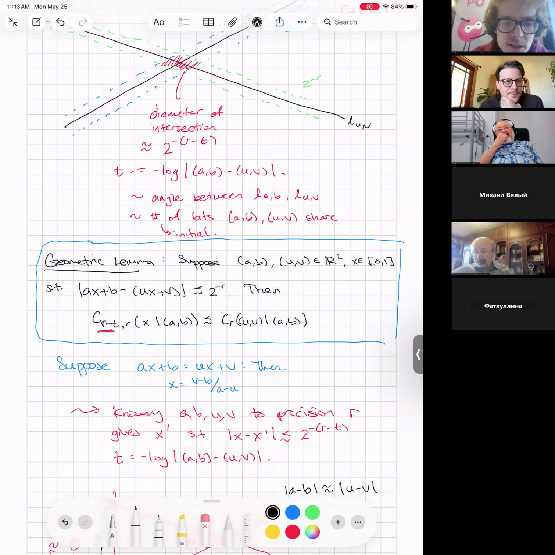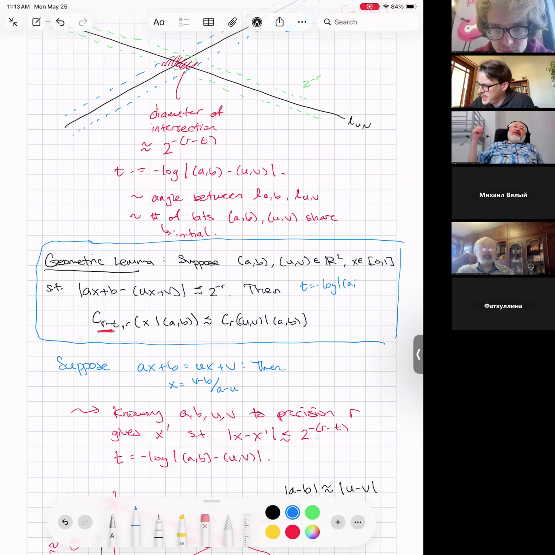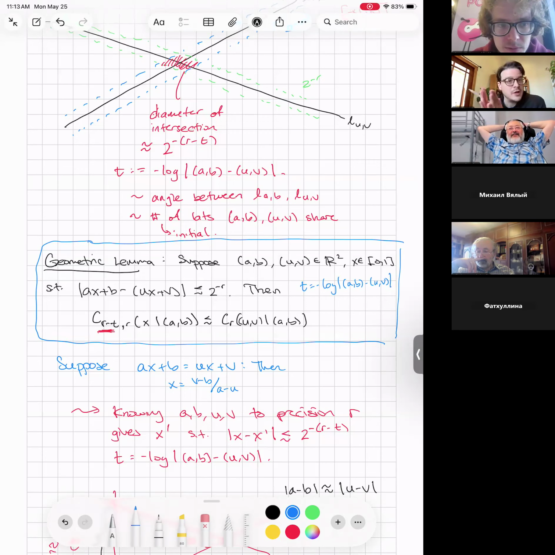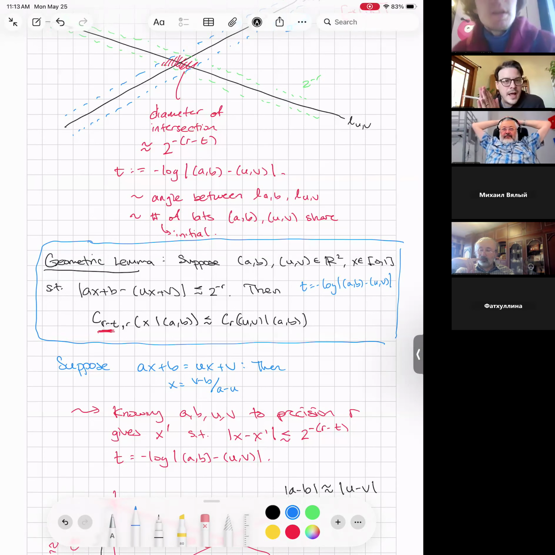T is the negative log of the difference between AB and UV, so basically the angle, how small is the angle? If it's 2 to the minus T, then okay. And you have AB in the oracle, but what you need is only a finite part of this AB, up to R bits.